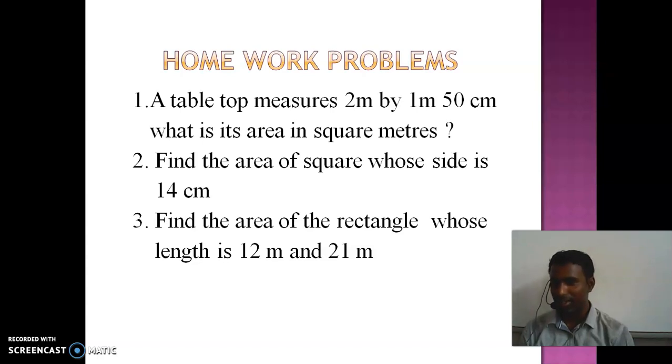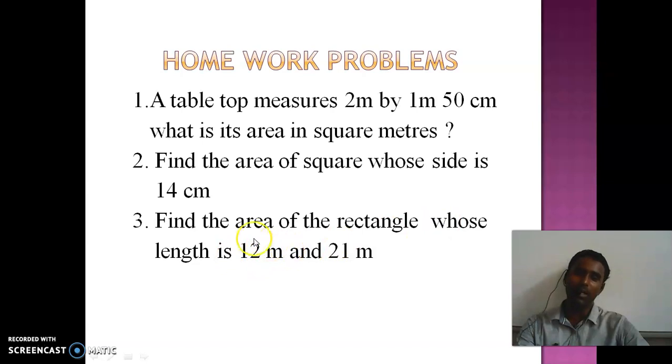Whose length is 12 meters and breadth is 21 meters. Can you take it like this? No, because length should be the maximum value. We should not think the first value will be length and the second value breadth. Here, 12 is not the length. The length should be 21 meters and the breadth 12 meters, because the higher value should be considered as length and the shorter value as breadth.